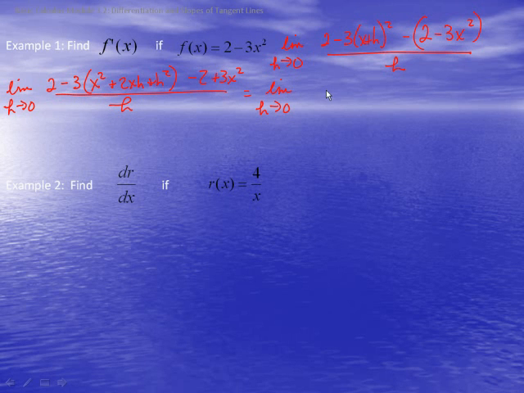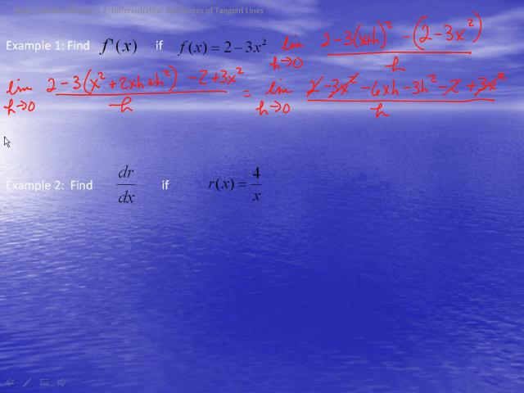Alright, in our next step, let's distribute the 3 in. We need to be careful to watch our signs. Okay, and in this step, I think we can cancel the 3x's. We can cancel the positive 2 and the negative 2.